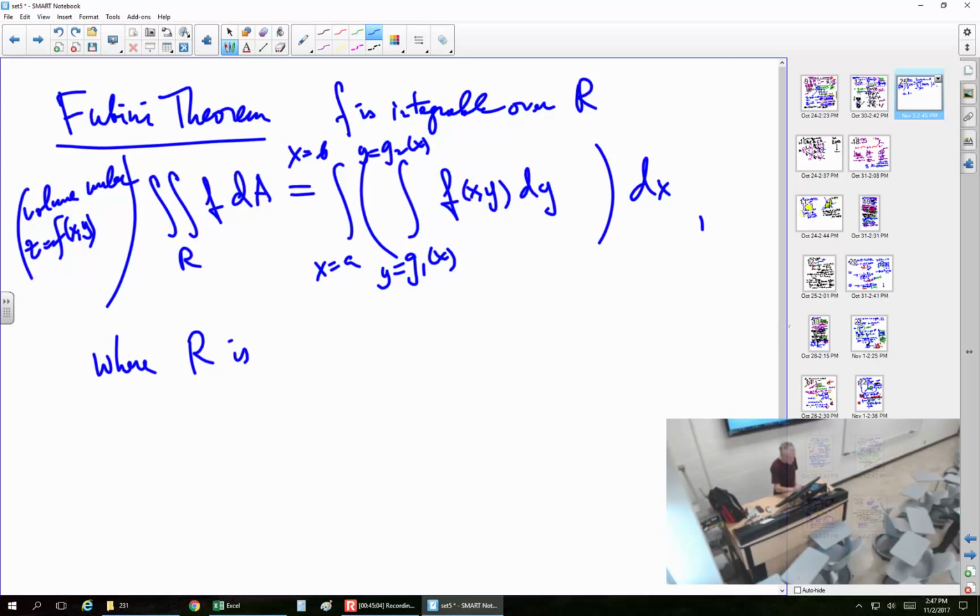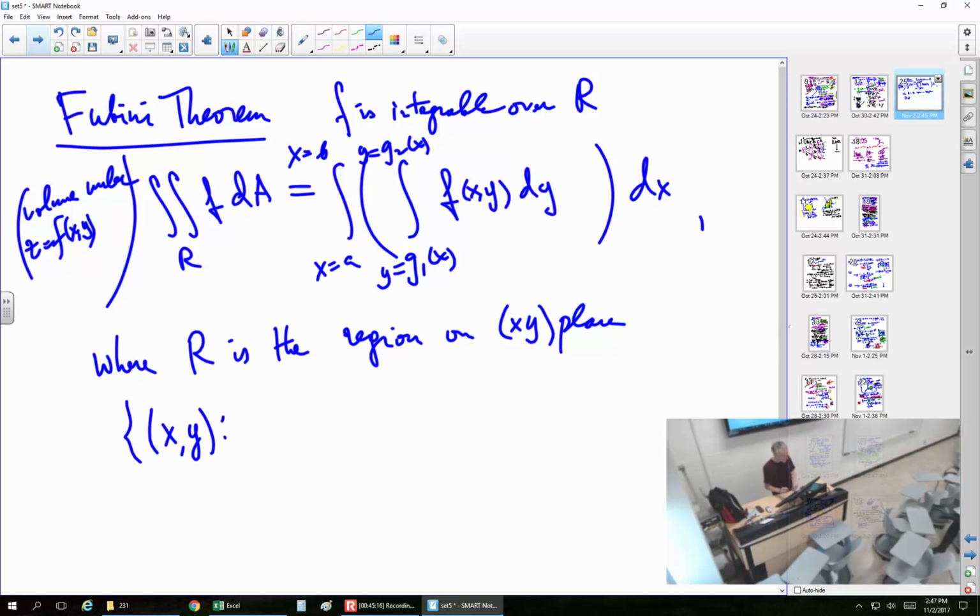Where R is the region in the xy plane, and this is how carefully we write it down: with points, pairs (x, y), not separate conditions on x and y, but x, which we chose to be the independent variable, is allowed on an interval. Any number in it is allowed, but y is squeezed between two functions of x, as in the picture I just showed you.